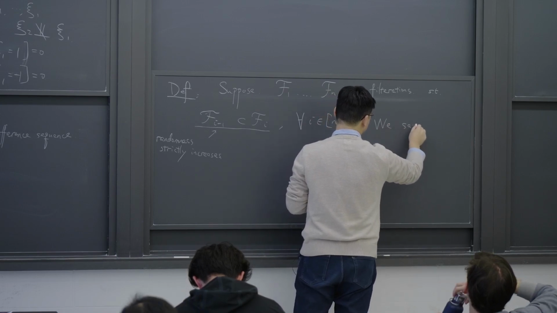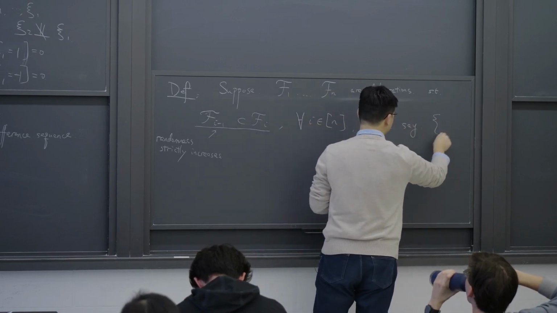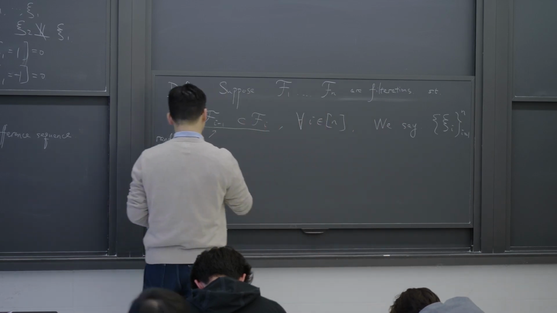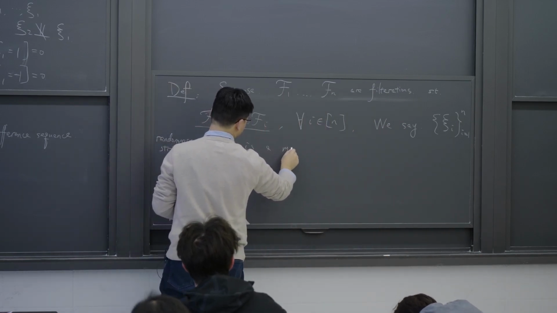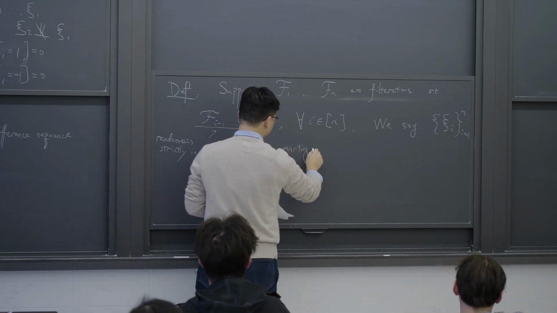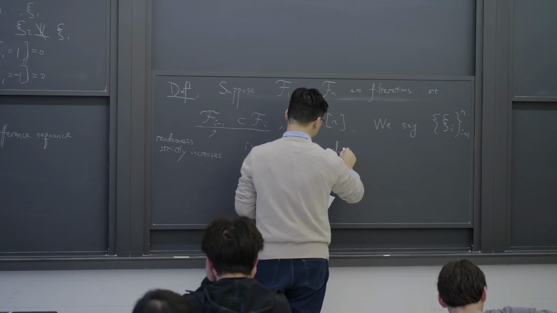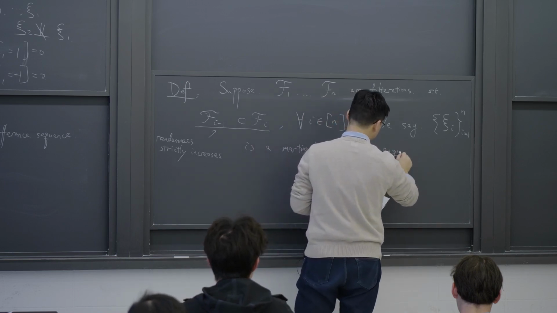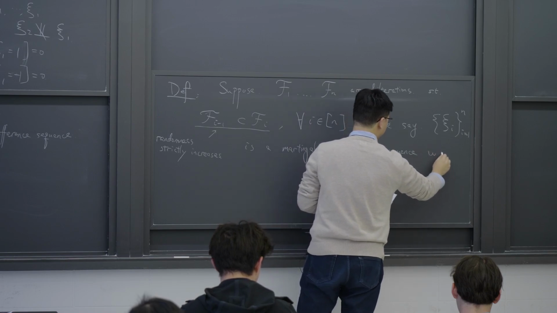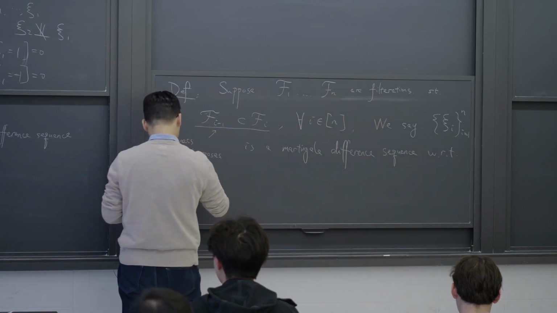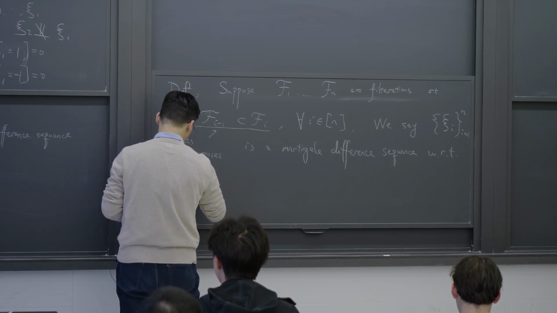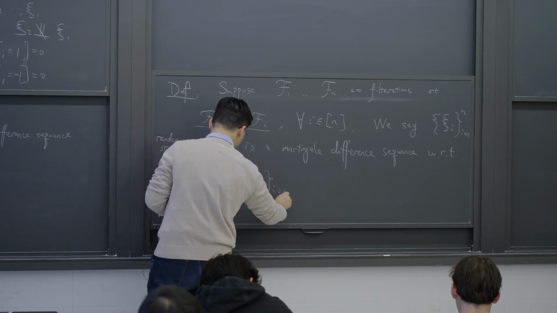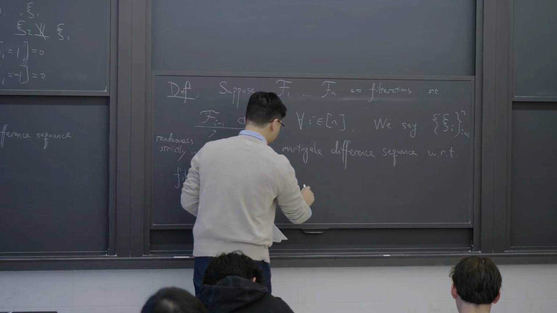We say this Ci sequence is a Martingale difference sequence with respect to filtration Fi.